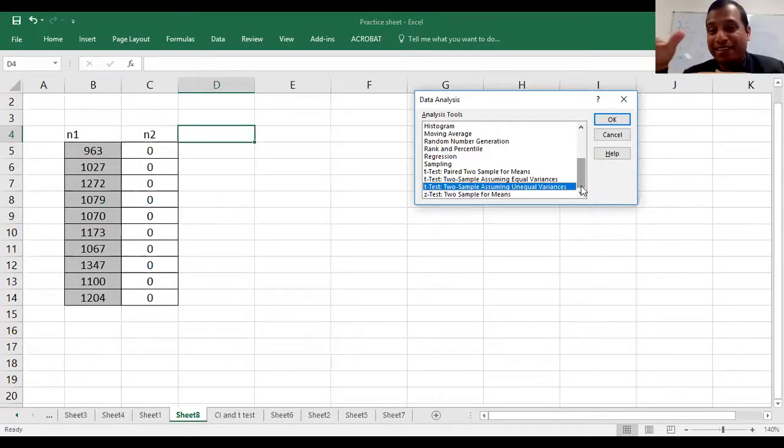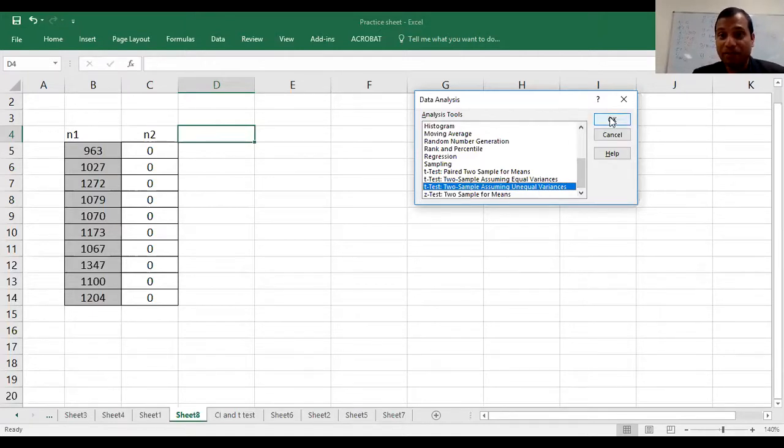We'll see in the higher stages of hypothesis testing the dependent, independent and paired ones. This is not a case of two paired samples, where one value is dependent on another. Nor is it a two sample with equal variance, because the other one we randomly selected as 0, 1. So just select the unequal variance: t-test two sample assuming unequal variance.